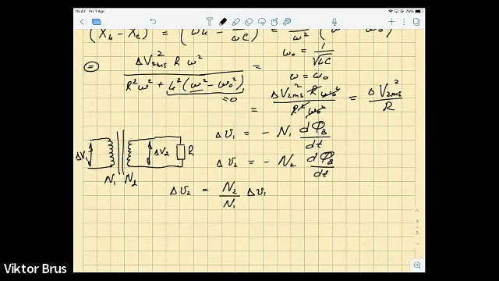So by knowing the ratio between the number of turns in the secondary and primary coils, we can predict what potential difference we will get at the terminals of the secondary coil if we apply a certain potential difference at the terminals of the primary coil. If N2 is larger than N1, delta V2 is larger than delta V1.